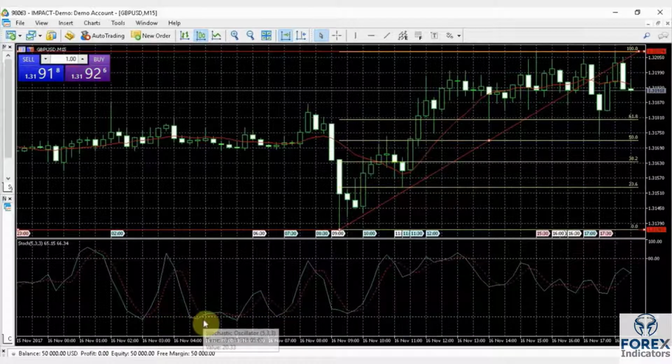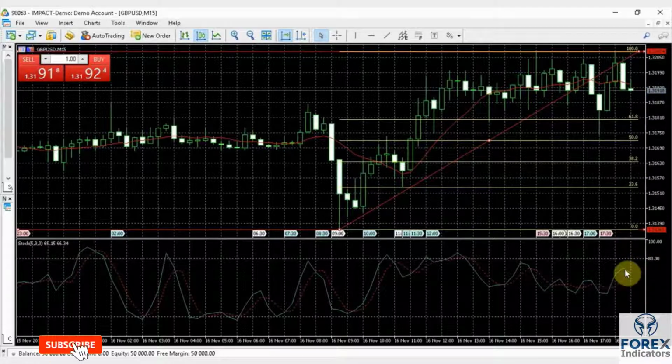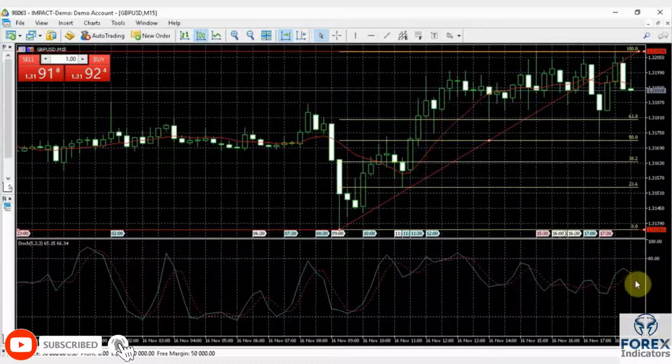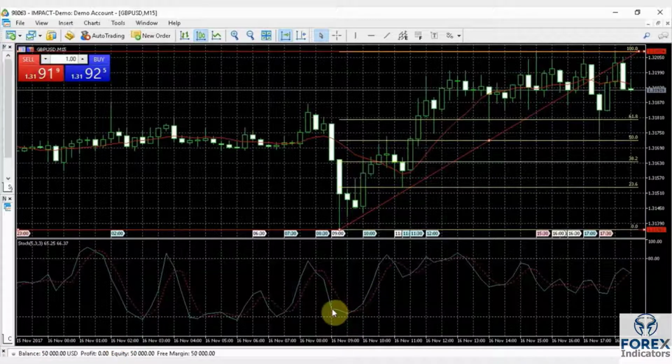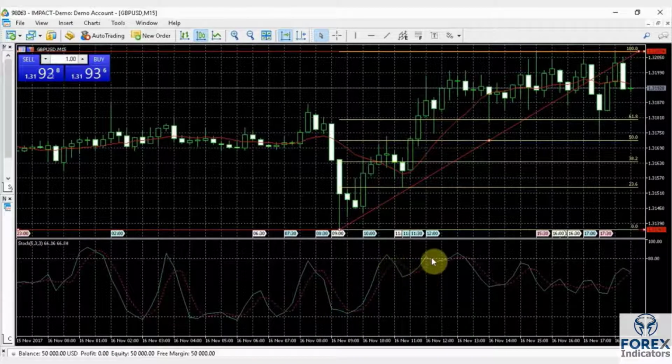So it helps us decide whether or not we are right on our buy or sell decision. As you can see here, we were saying that it would be a good sell. It was high here, and if it goes down again, the red line is basically the moving average for this, and this blue line is basically the actual price.